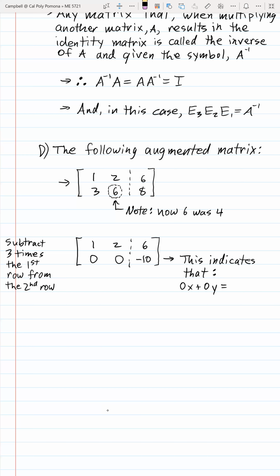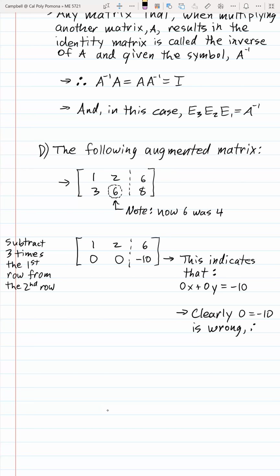And look at the constant vector. We get 0 is equal to -10. So we can then clearly see that 0 is not equal to -10. Here I'll say clearly 0 equals -10 is wrong.